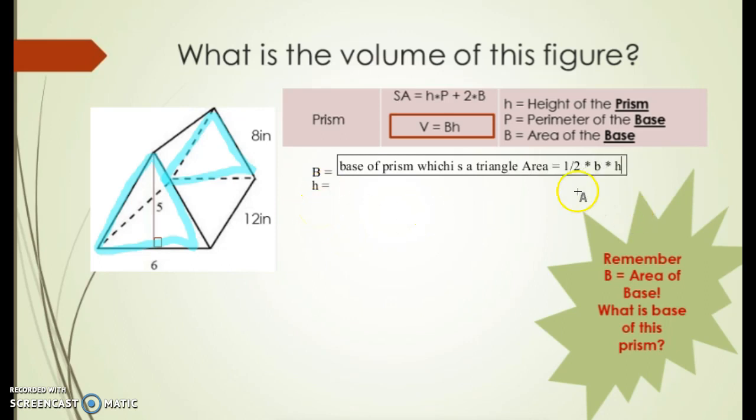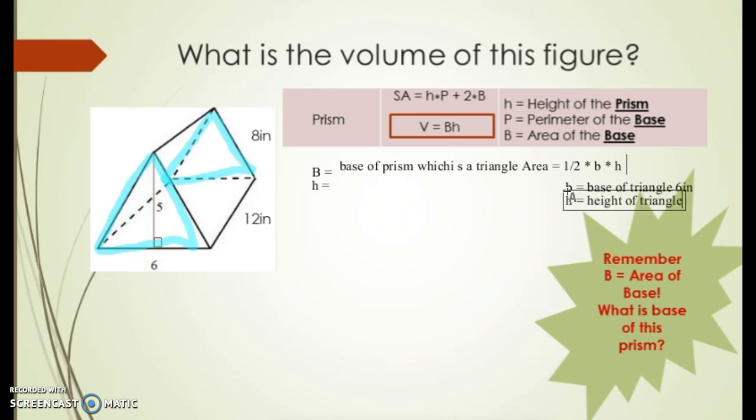So now we have another B and another H. Now this B represents the base of the triangle, which is 6 inches, and the H is the height of the triangle, and that's 5 inches.